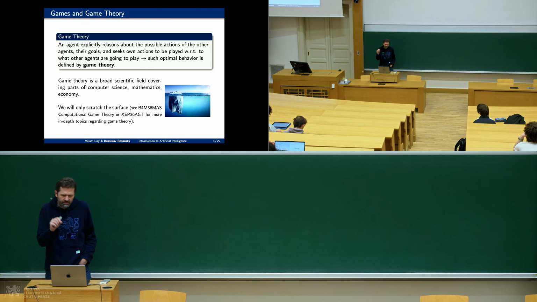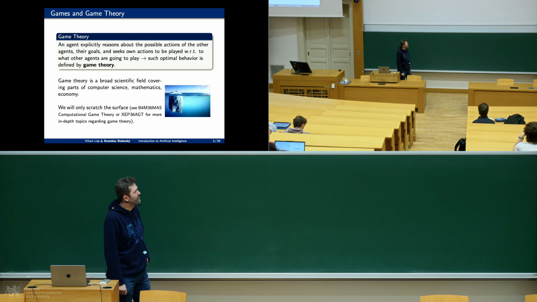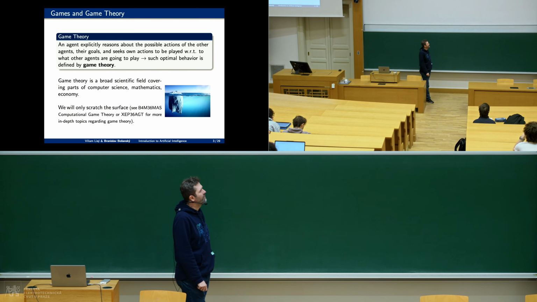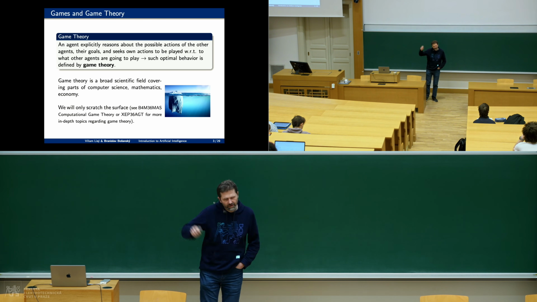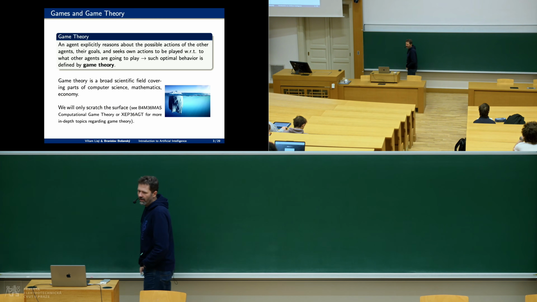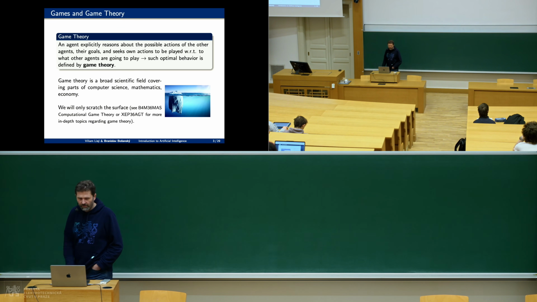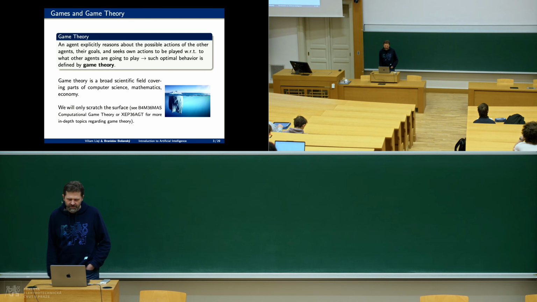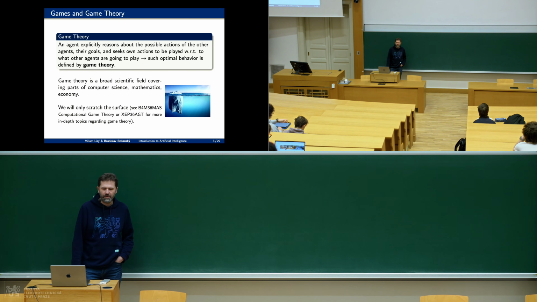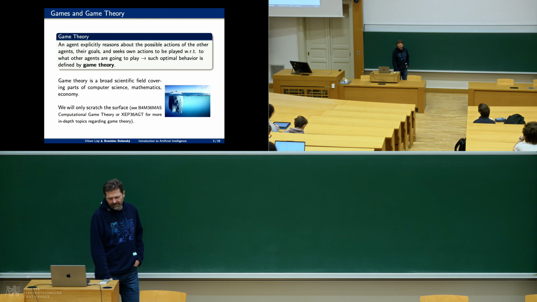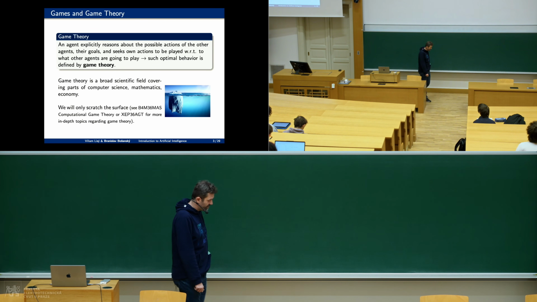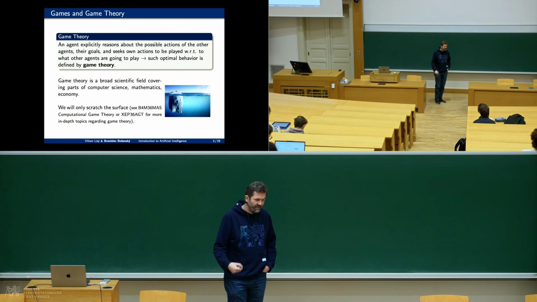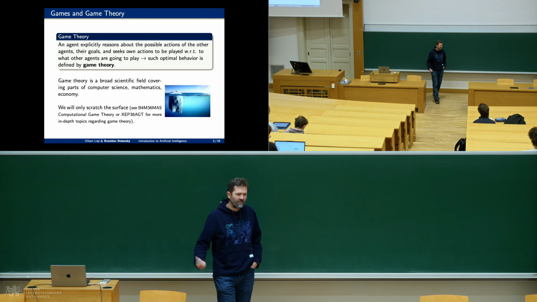So we will really only talk about game theory a little bit, but if you are interested, there is a master course, computational game theory, there is even a PhD course, and there are other courses, for example, at other universities. So there is really a lot to study about game theory, and the implications of game theory can be very interesting, especially with the current rise of LLM agents.